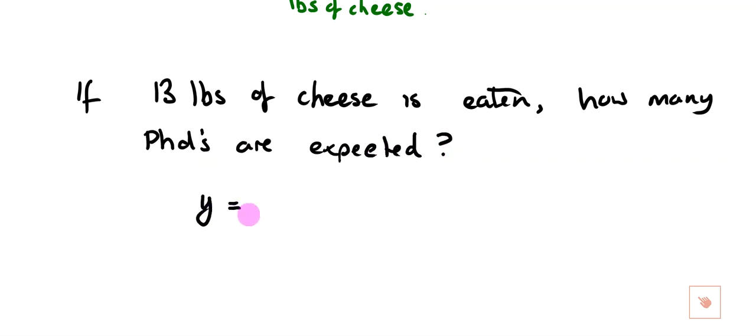So we've got y equals, what was it? 150x minus 916. Can you work that out for me? And this time it is called substituting because we are putting the number into the equation we've got.